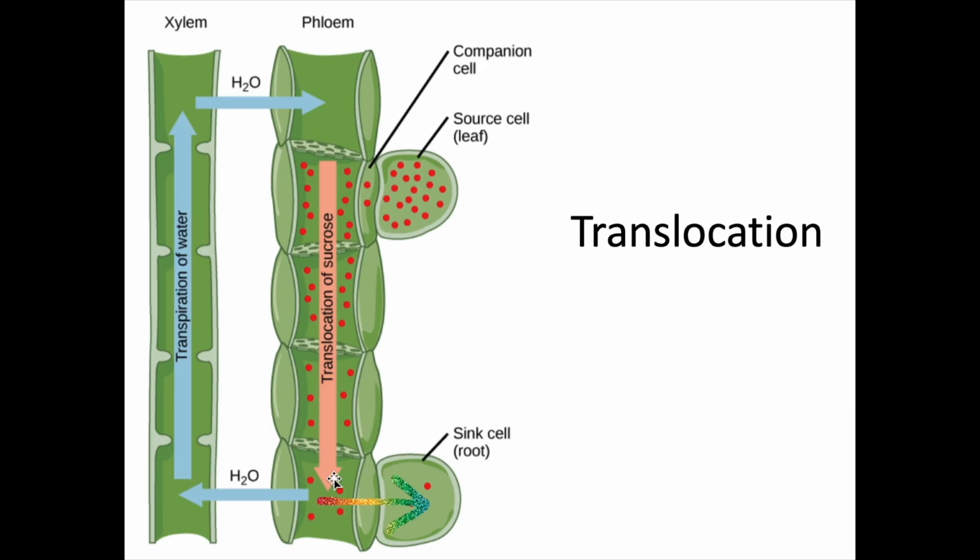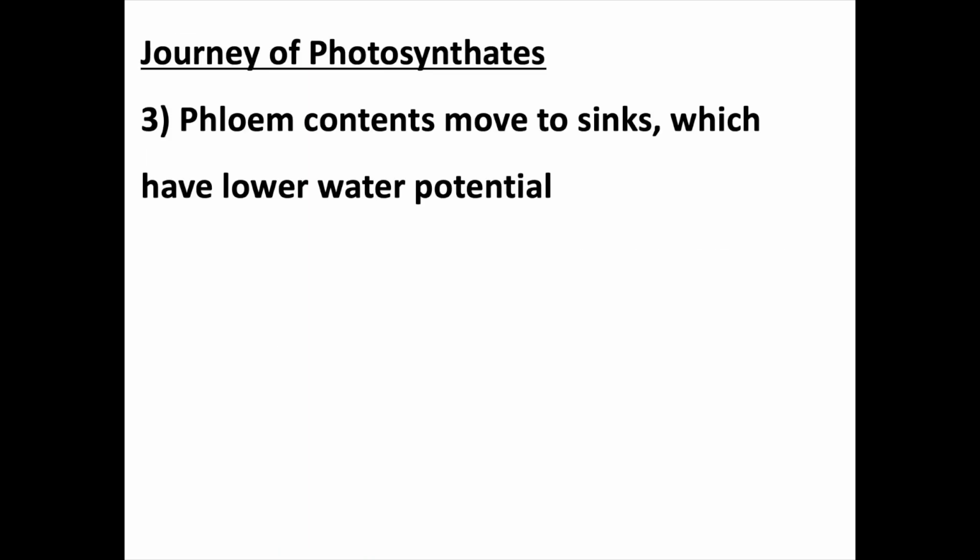And this water, along with all the dissolved solutes, is going to move into the sink cells. So the phloem contents, which include the important photosynthates, move to sinks which have a lower water potential. Water always moves, along with all the stuff dissolved in it, from high water potential to lower water potential.